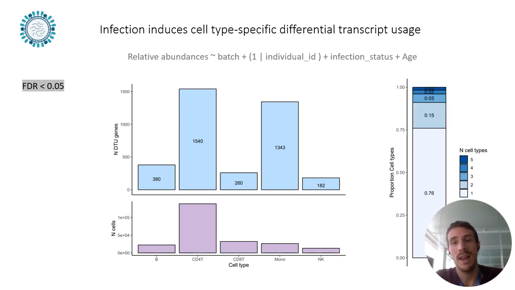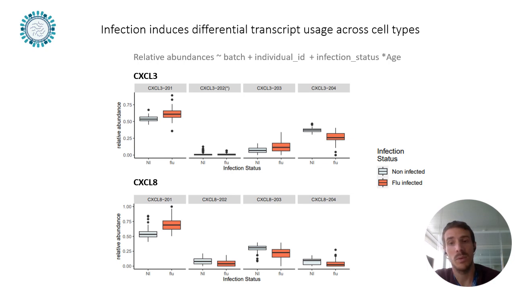If we focus on the cell type specificity of the genes that vary their transcript abundances upon infection, we observe that this is a pretty highly cell type specific phenomenon, although there are some genes that are shared across the different cell types. And two interesting examples we find with differential transcript usage, this is with changes of the relative fractions of their isoforms upon infection, are these two members of the CXC chemokine family.